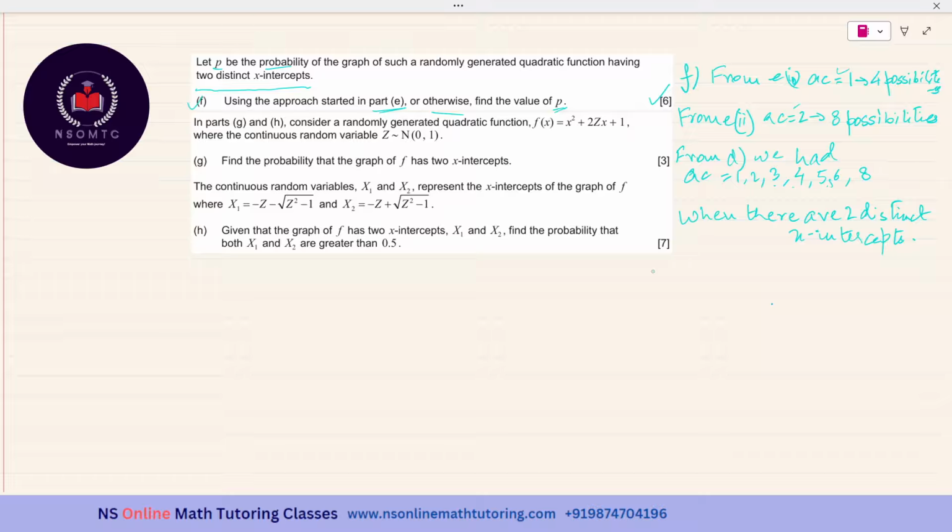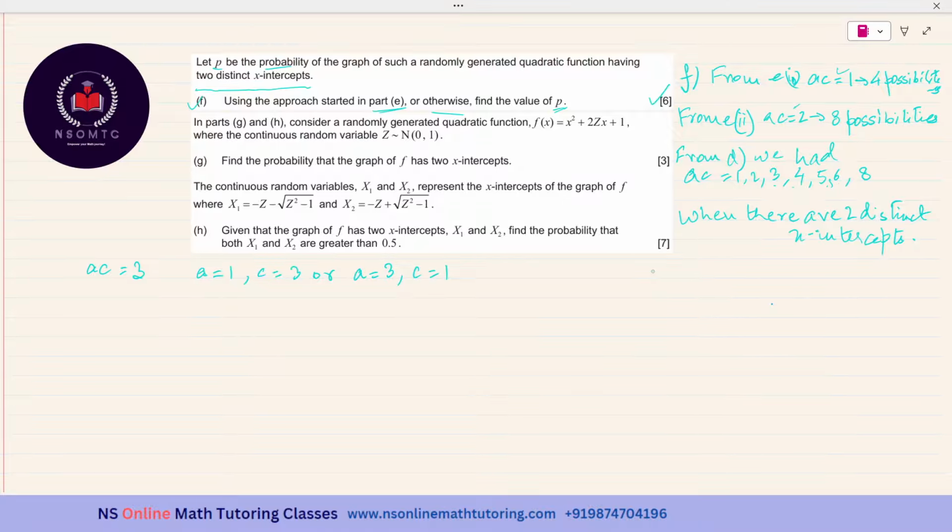Okay. So AC equal to 3. How can you have AC equal to 3? A equal to 1, C equal to 3, or A equal to 3, C equal to 1. This is how you can have the product of A and C as 3.